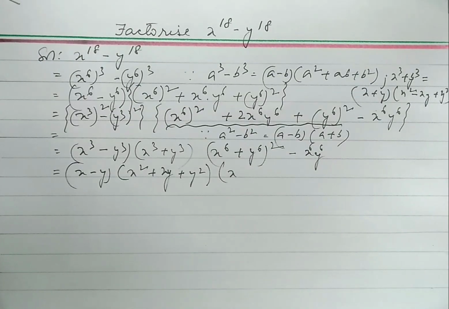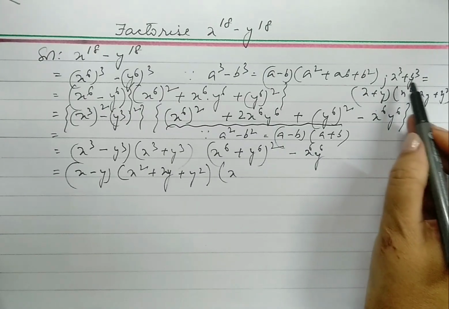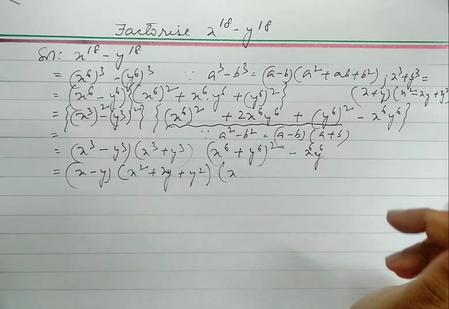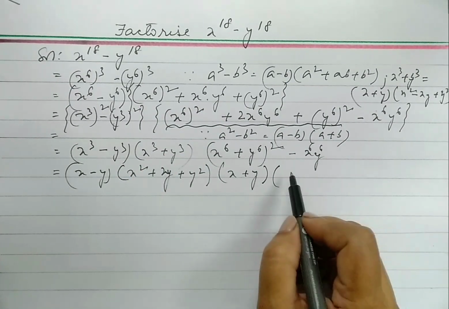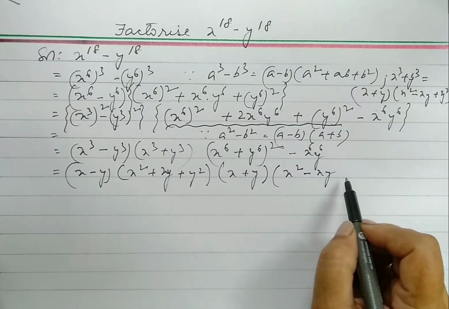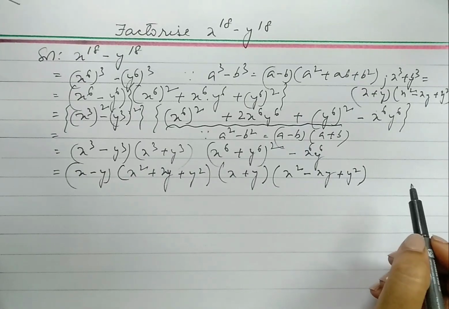Alright, this is the formula for x cube plus y cube. So we write x plus y and x square minus xy plus y square.